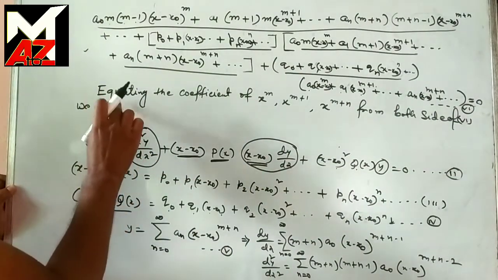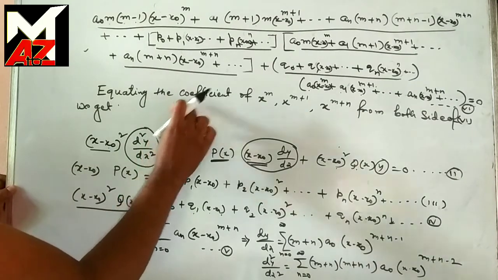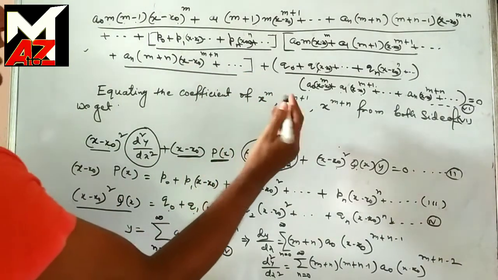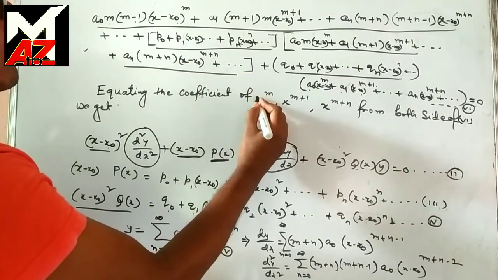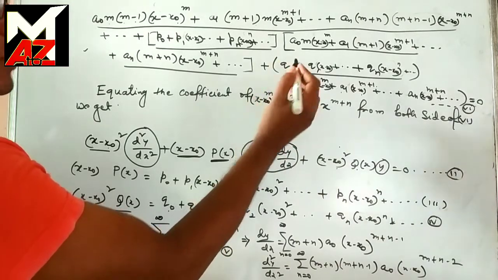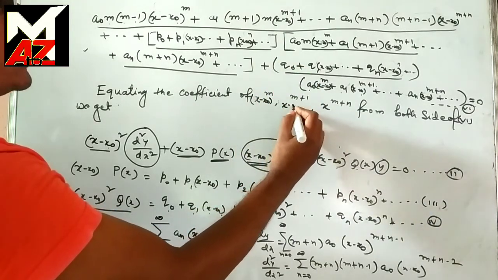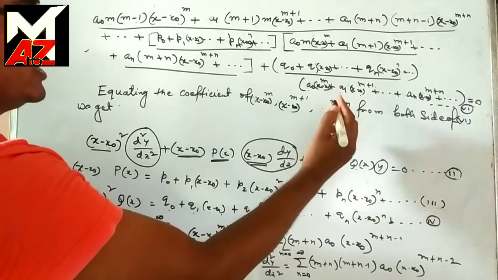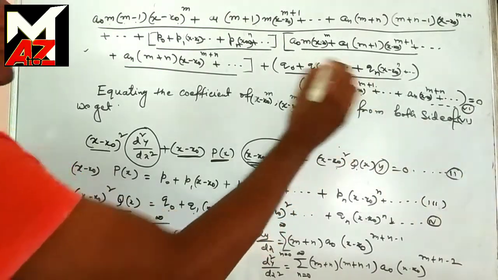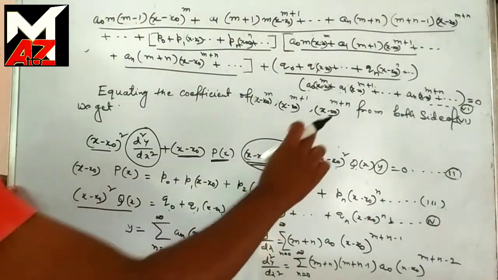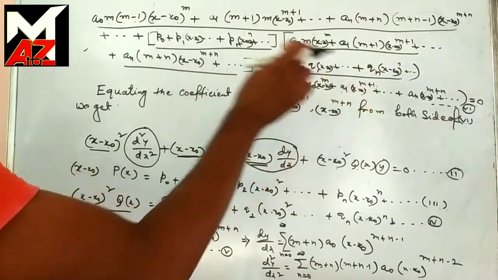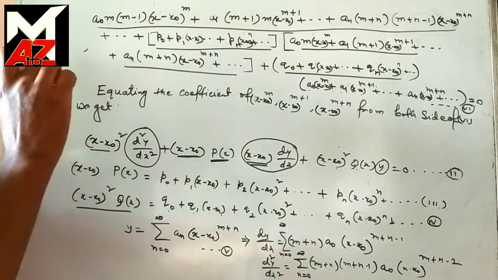Now equating the coefficient of (x minus x0) to the power m, (x minus x0) to the power m plus 1 and (x minus x0) to the power m plus n from both sides of 6, we get the relation.